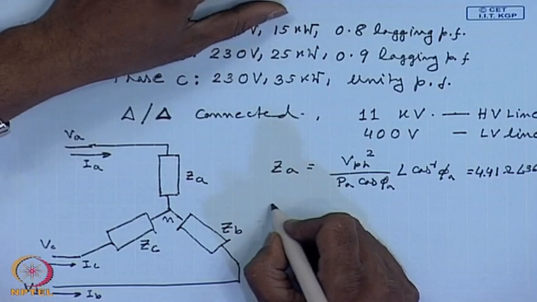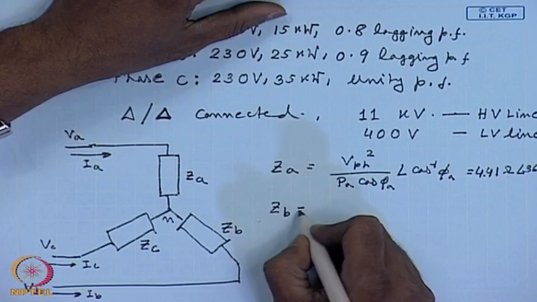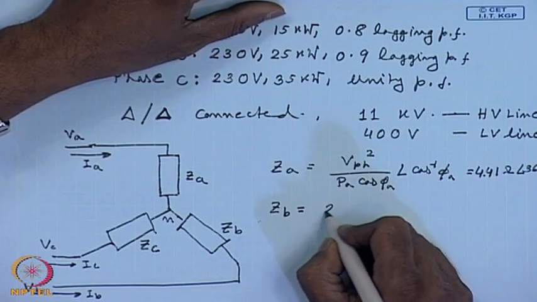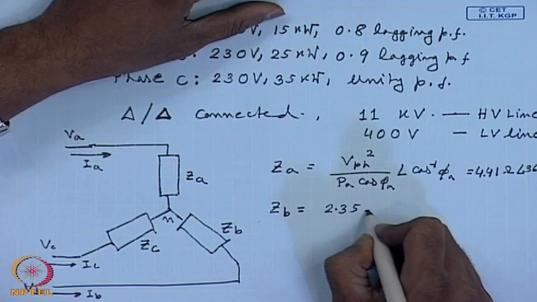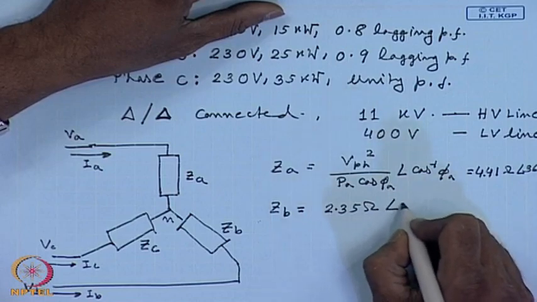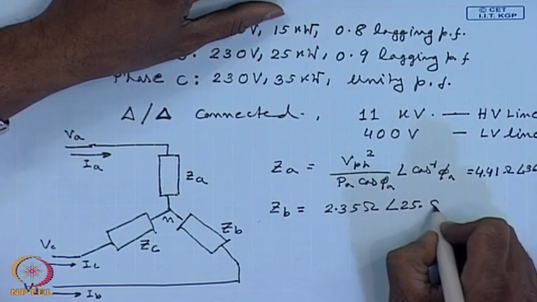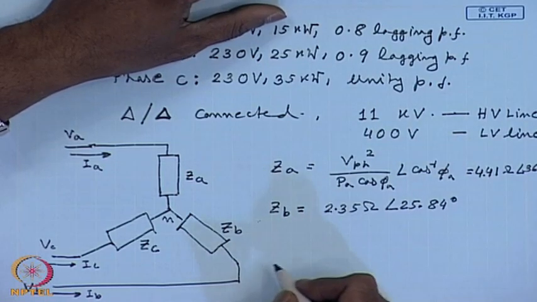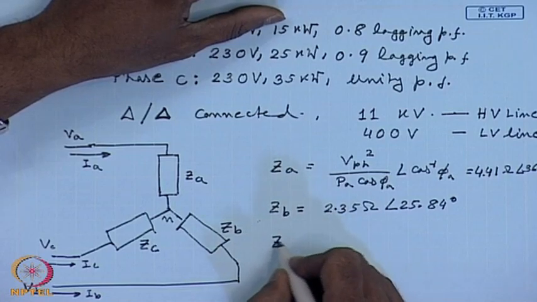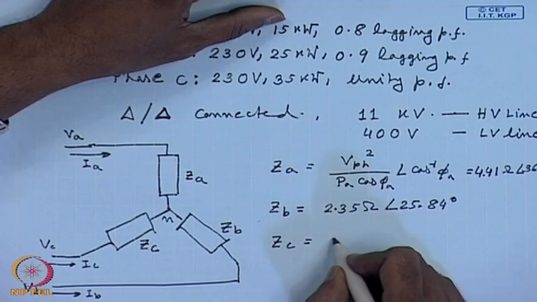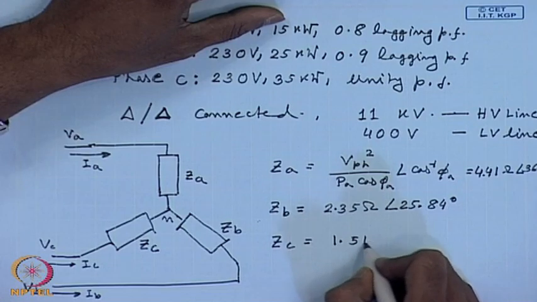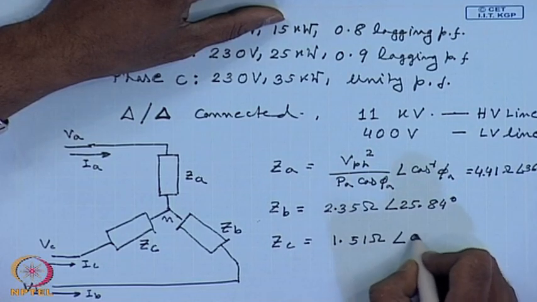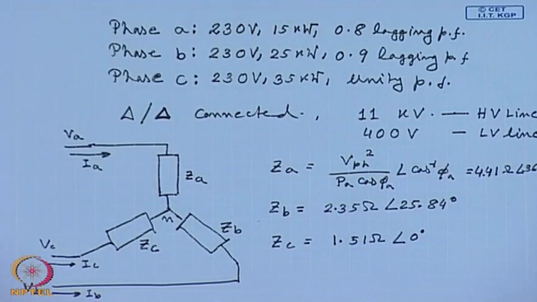Similarly, Z B equal to 2.35 ohm angle of 25.84 degrees. Z C equal to 1.51 ohm angle of 0 degrees.